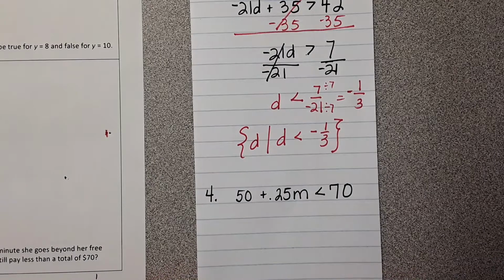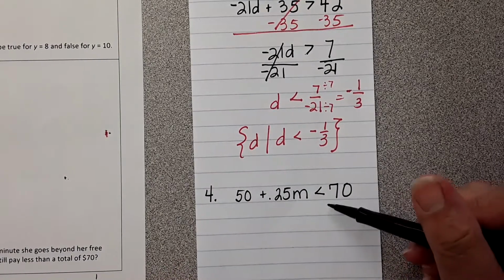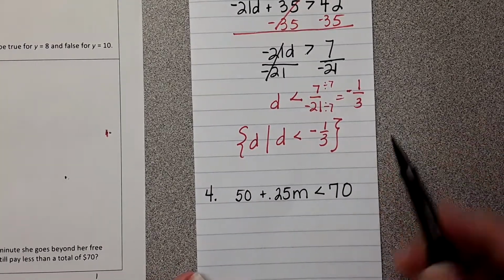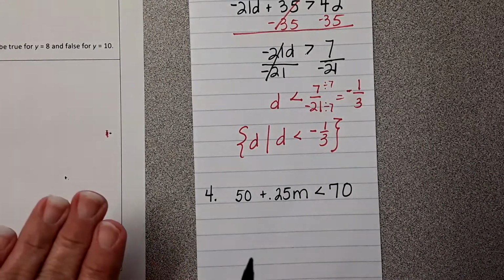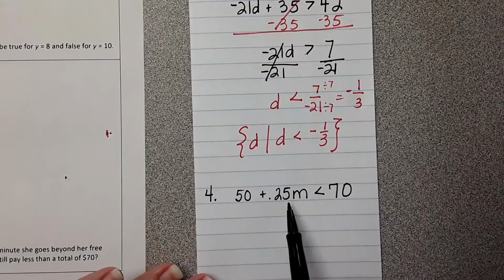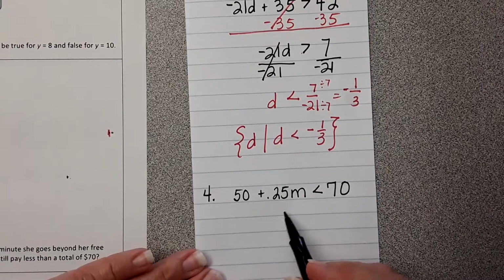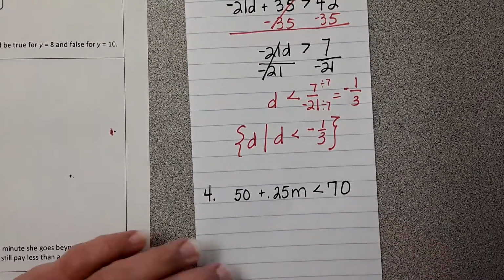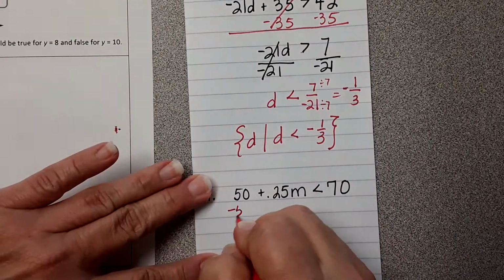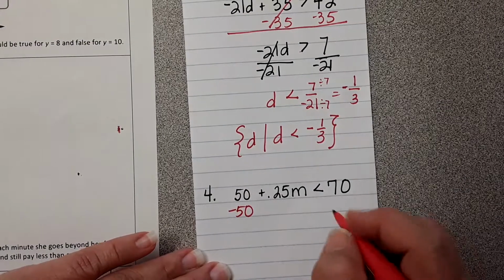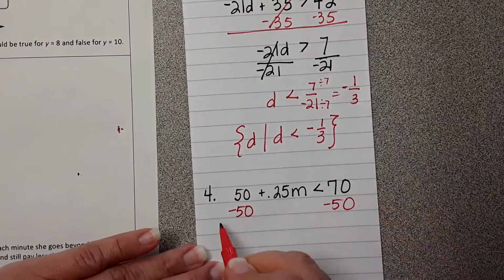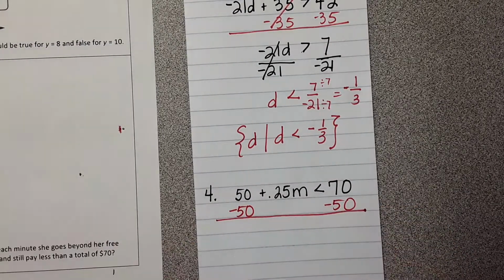She wants less than $70, you guys. She doesn't want to pay more than 70, so only 70. It's 25 cents per minute, so she pays $50 to start with, 25 cents per minute. I'm going to subtract the 50. Yes, you could have switched this, you guys. You could put 0.25n plus 50. It doesn't have to be set up the way I set it up.